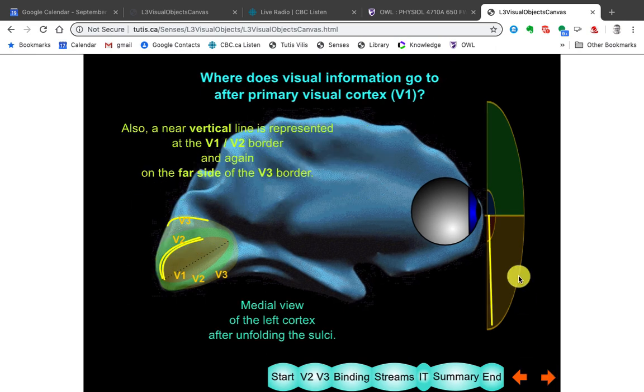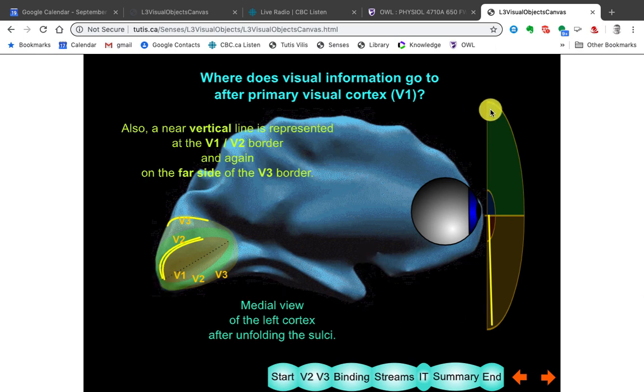If, on the other hand, we look at a vertical line, we see that it appears this line here is as far from the edge of V1 as you can go, and so this is the very edge of V1.